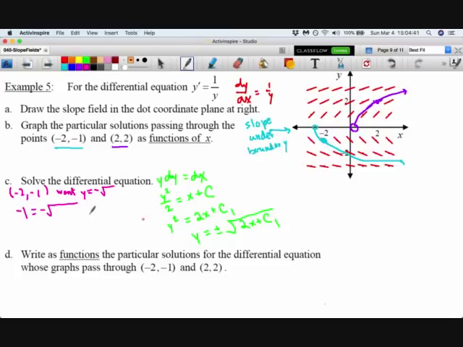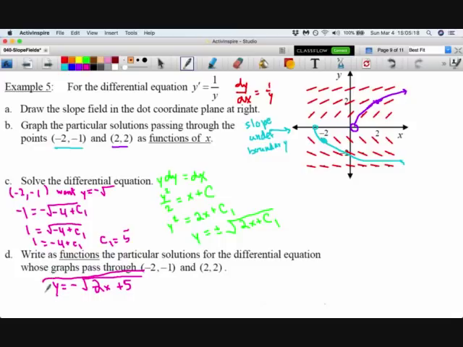Plugging in -2 for x gives me -4 plus c1. 1 equals root of -4 plus c1. 1 equals -4 plus c1. I squared both sides. And c1 equals 5. So we would have y equals negative square root of 2x plus 5. That's for this one.